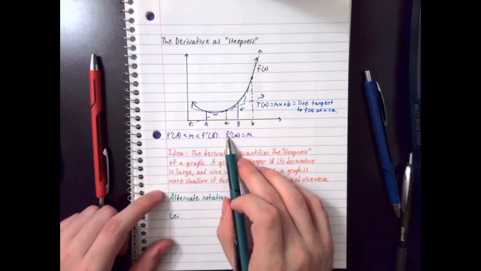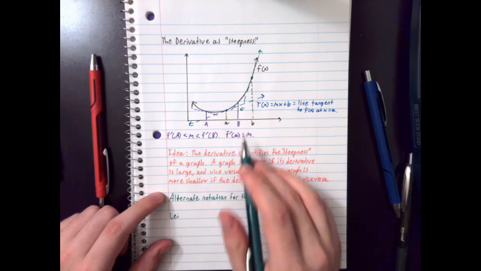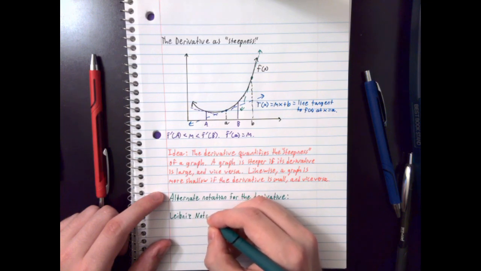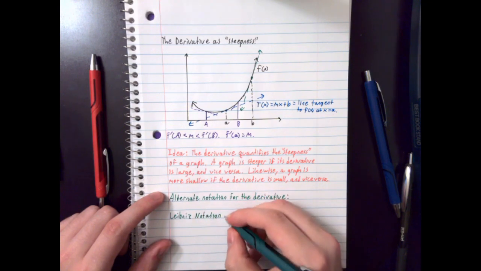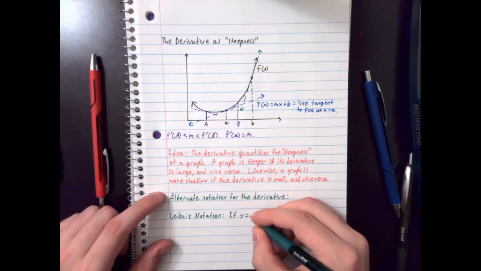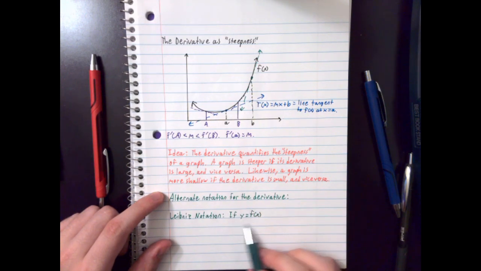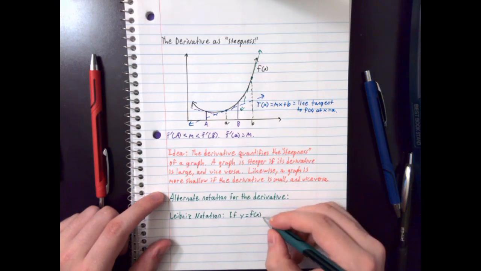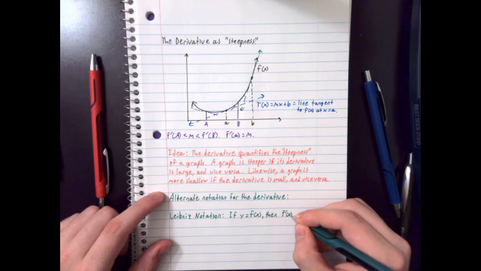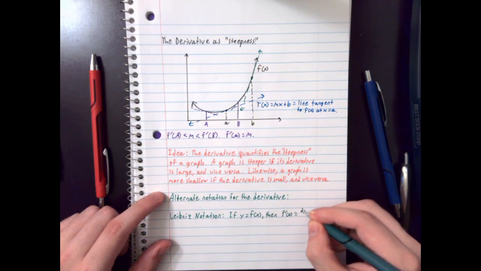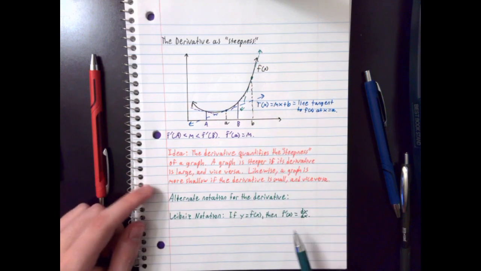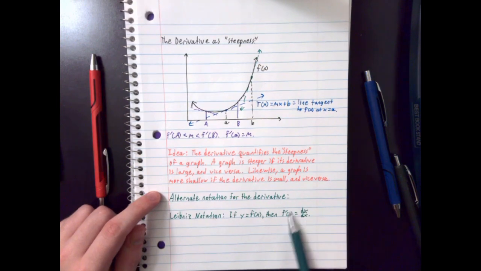The notation with an f and then a prime on it is Newton's notation, and the notation that I'm about to write down is Leibniz notation. If y is a variable which is a function depending on x, so all this is saying is that y is a function of x, then f prime of x is also denoted by this quantity dy divided by dx. Again, we're not saying anything new here, we're just introducing a new way of writing the derivative.